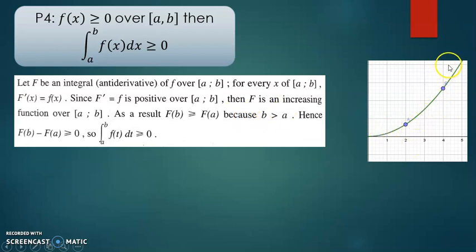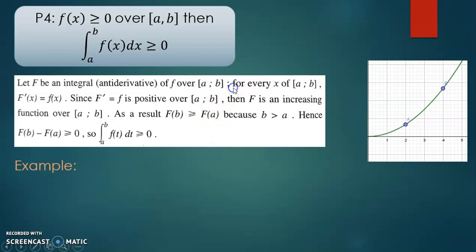If you have an increasing function and two numbers a and b, let's suppose that a is 2 and b is 4, then for sure f of 4 would be greater than f of 2 since it's increasing. So taking f of a to this side, you'll get f of b minus f of a greater than or equal to 0. And this is the same as the integral of f of x from a to b. So it's greater than or equal to 0.